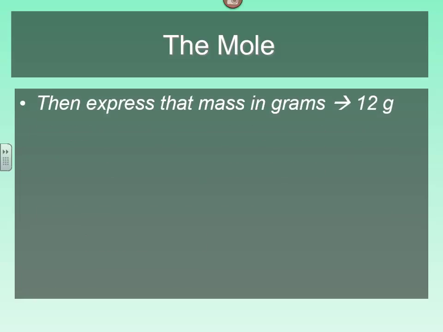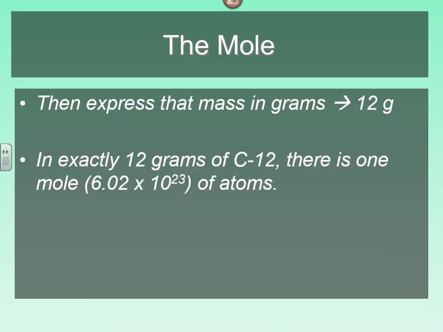The next part of our definition said, express that mass in grams. So we switch the label. Instead of 12 AMUs, we say 12 grams. And if you put that piece of information with our definition, it turns out that if you have exactly 12 grams of carbon-12, in that amount of grams there is 1 mole of atoms, 6.02 times 10 to the 23rd atoms.